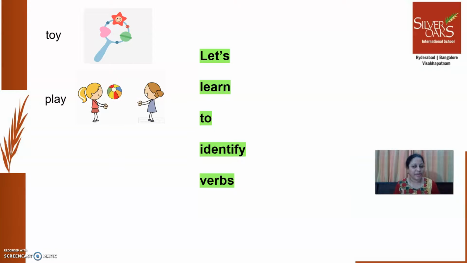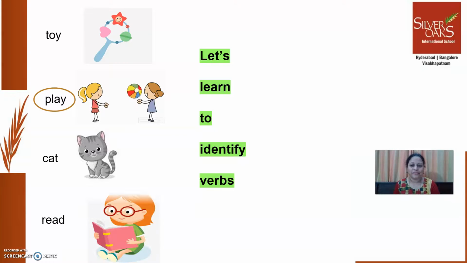So play is a verb. Circle it. The next word, cat. When I say cat, is there any kind of work or action there? No. So it is not a verb. Read, reading. There is the action of reading there, right? So read is a verb.